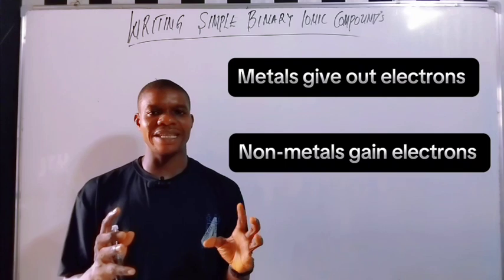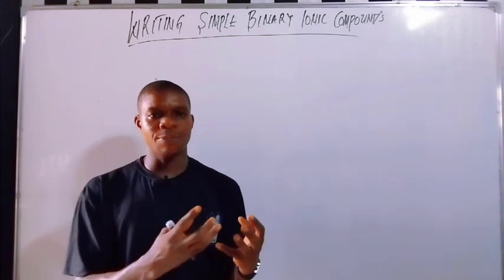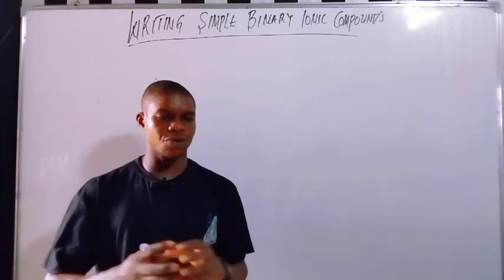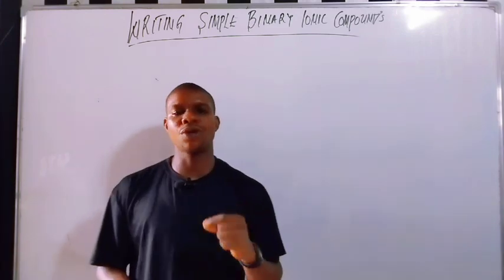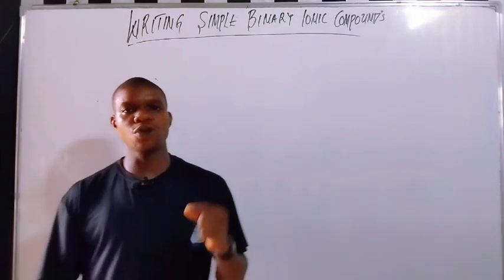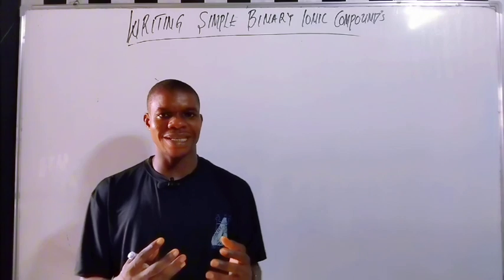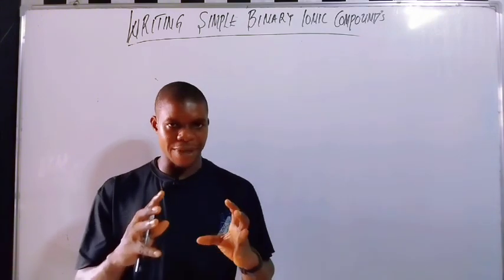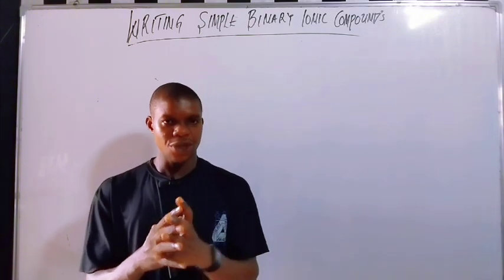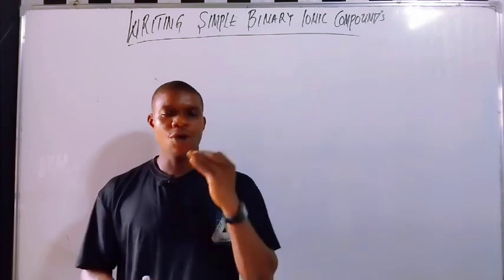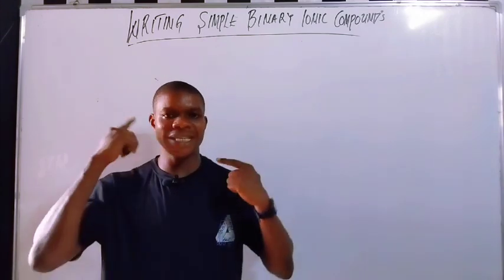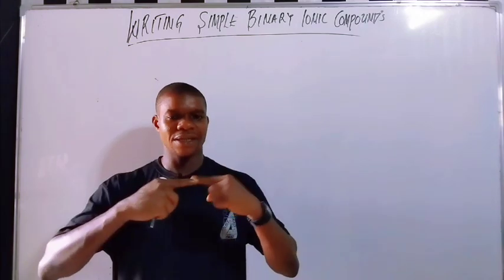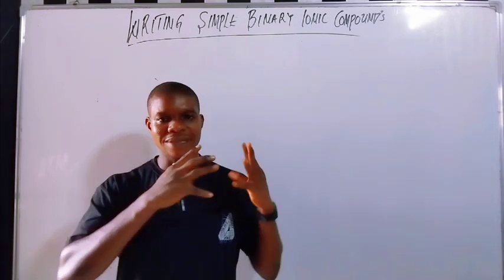The reason they do that is to obtain the octet, or the stable configuration. So in order to write ionic compounds, you need to know the ions or the oxidation state of the elements or atoms involved in that compound. You must know the oxidation state of each element, because it is the oxidation state you exchange for them to form that compound.